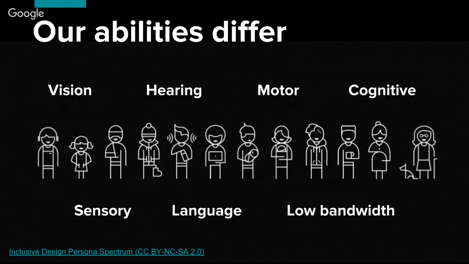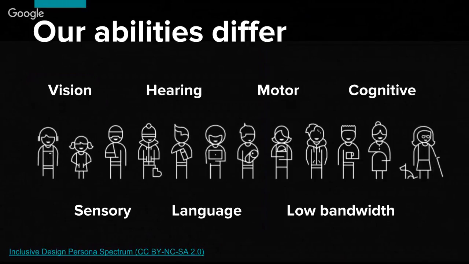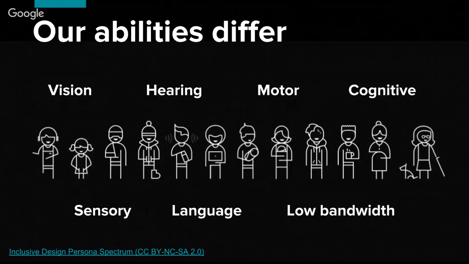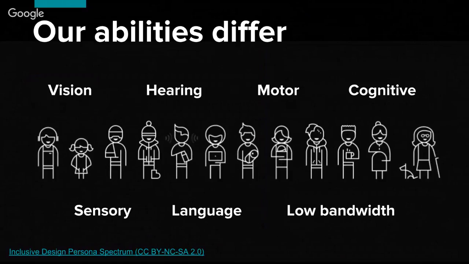If you have motor difficulties, you could have a difficulty or inability to use your hands. You may have arthritis, Parkinson's, or you may rely on a keyboard for other reasons. You may have cognitive challenges, like, for example, a developmental or a learning disability.